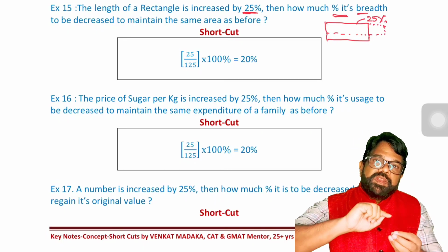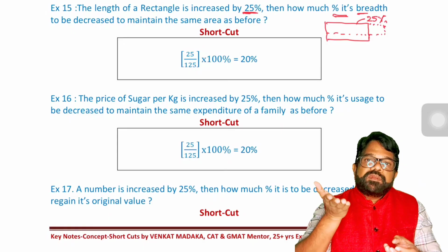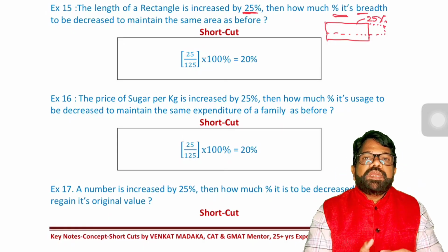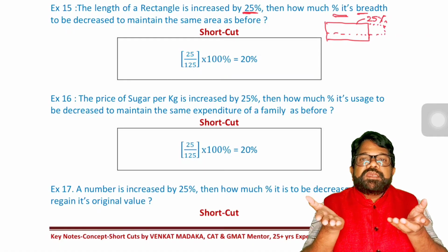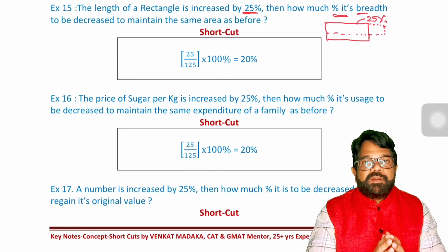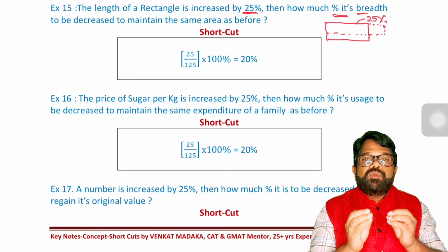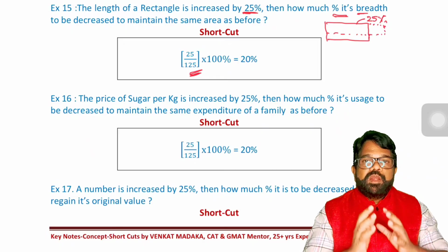By observing the example, initially it is increased. To balance that, how much percent is it to be decreased? Length is increased by 25%. If breadth is decreased, we get the same area. But how much percent breadth is to be decreased means you have to apply the same keynote again, R by 100 plus R into 100%.